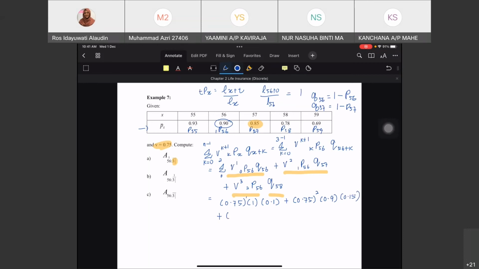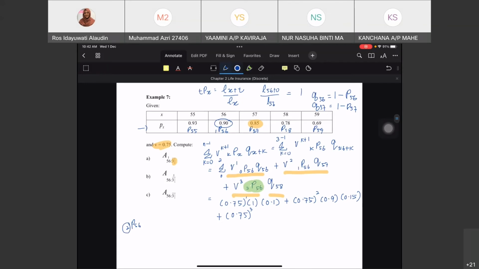So v cubed is 0.75 to the power of 3. Now, how can we calculate this one? In the table, we only know t is 1 for each of 56 and 57. Do you still remember when I taught you about 2p56? The 2 refers to having 2 components.